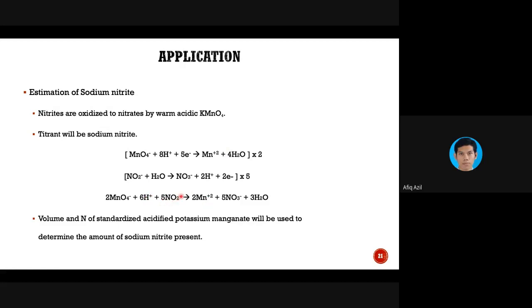Okay, so this will produce 2 moles of manganate and also 5 moles of NO3 minus and also 3 moles of water. So volume and the concentration of the standardized acidified potassium permanganate will be used to determine the amount of sodium nitrite present. So this has to be standardized first, okay, before you can use it to titrate a sample. Okay, you have to standardize.